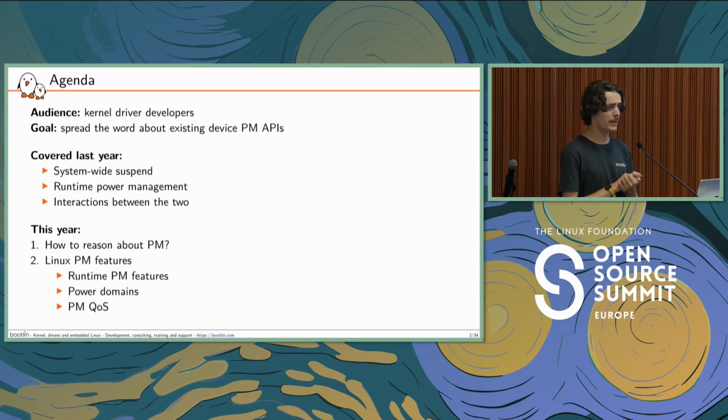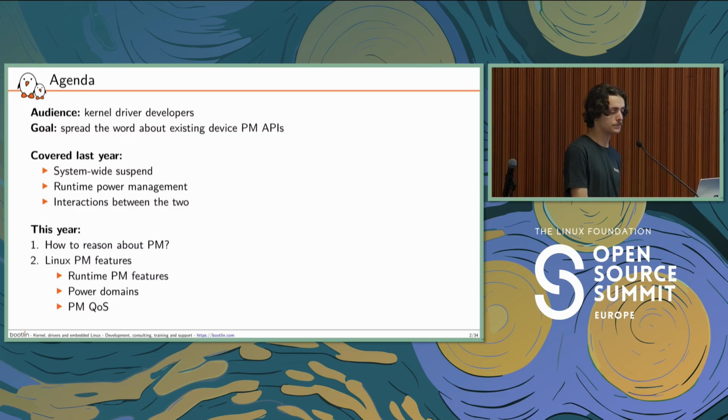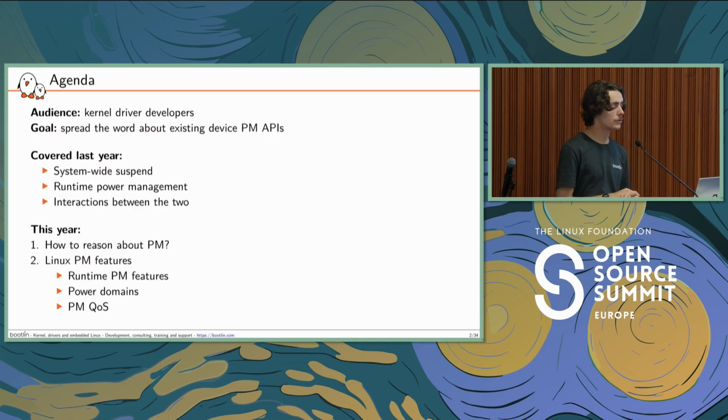Then I want to cover power domains, which is a broad word for a few features that we have inside the kernel, and again, quite a few things to know about. And then we'll talk about PM QoS, so quality of service, in this context inside the kernel and what is provided here.